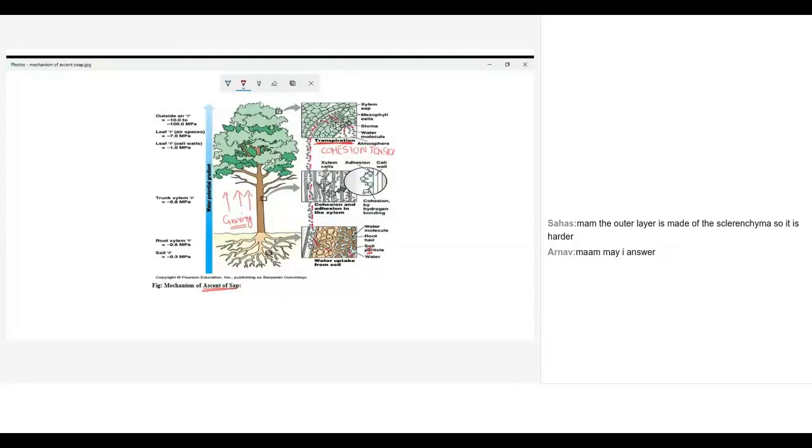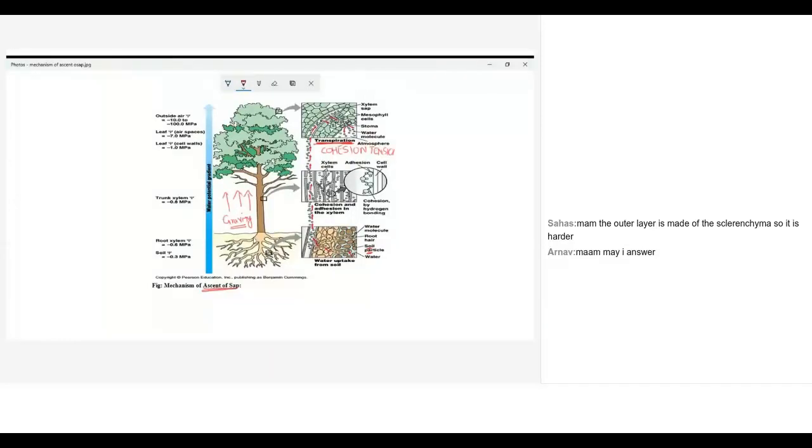Okay. Now, when the water is lost from the plant leaves, there will be a water potential gradient. A water potential gradient will be developed in the shoot system of the plant. It is losing water, isn't it? So it will develop a pressure inside the plant after losing water.